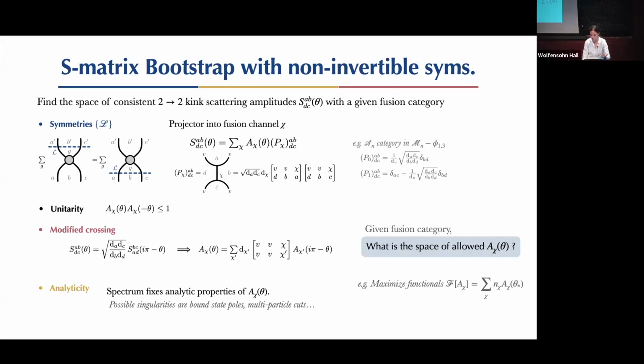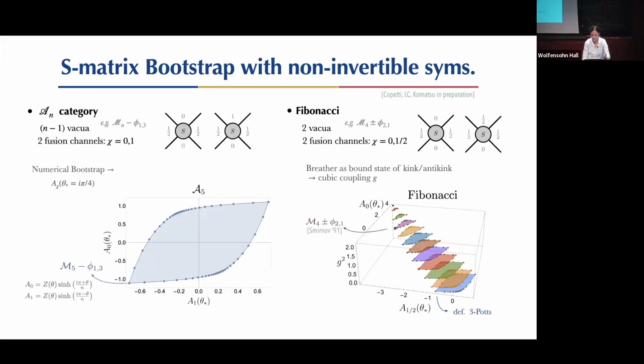We follow the same route as we did before. So for instance, for this A_n category where you have n minus 1 vacua and n minus 1 topological lines, which fits into these deformations of minimal models, you can bootstrap the space of amplitudes without asking for integrability, and you will find a shape like this.